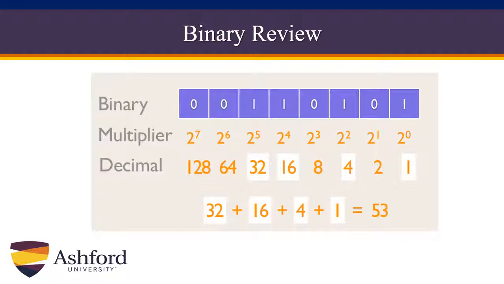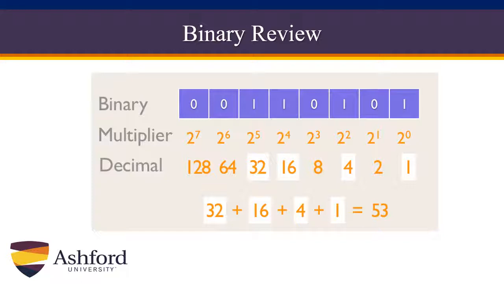The next digit to the left is a 0, meaning this particular digit is off. If it were on, it would represent 2 raised to the first power. The next digit to the left is 2 raised to the second power, and this one happens to be on. So 2 to the second power in decimal is 4. And so on and so forth. It goes all the way to 2 to the 7th power, which is 128.